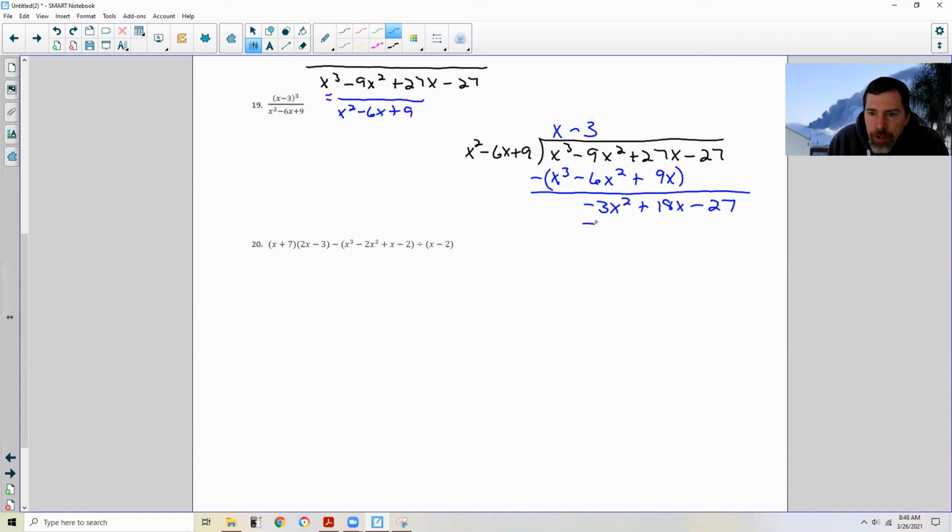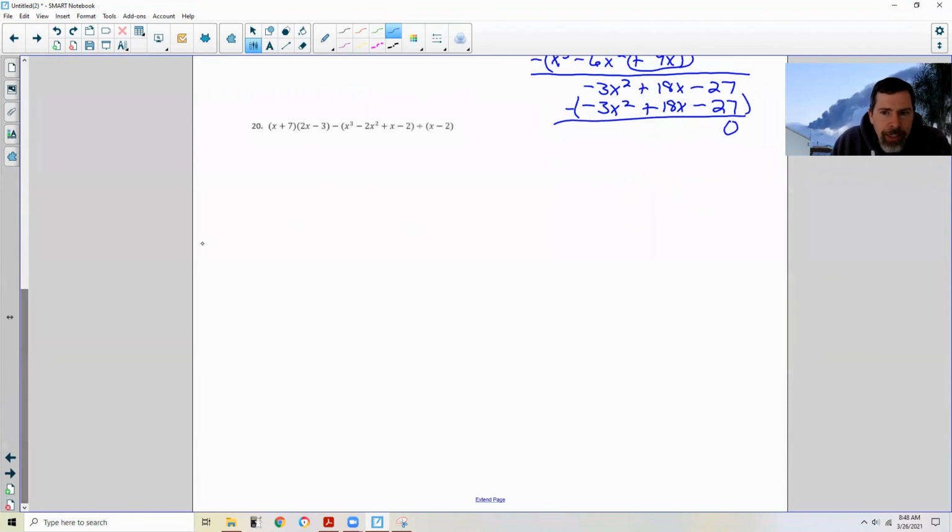Negative 3 times x squared is negative 3x squared. Negative times a negative is positive. 6 times 3 is 18x. And a positive times a negative is negative. And 3 times 9 is 27. And when I subtract that, I do get 0. So I apologize. I forgot this right here when I was multiplying through. So the answer to this problem, when it's all said and done, is x minus 3.